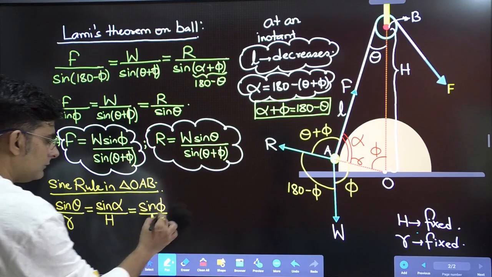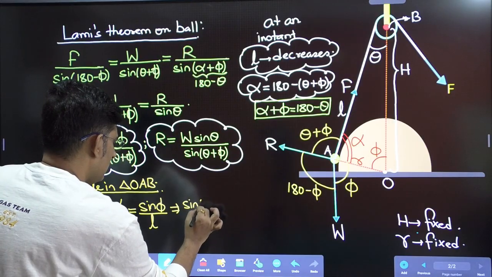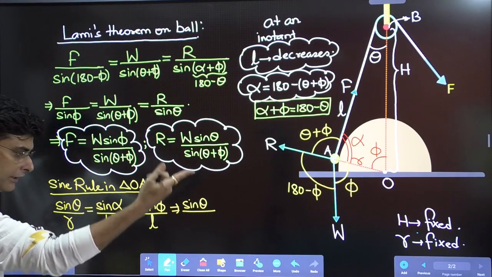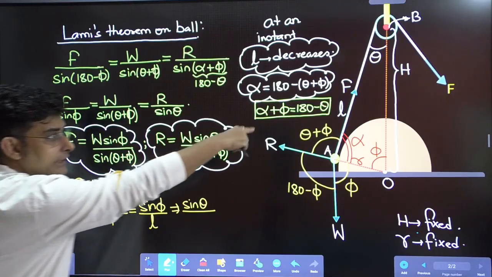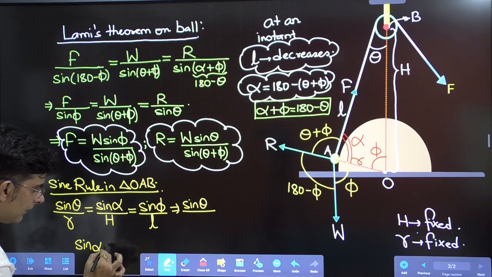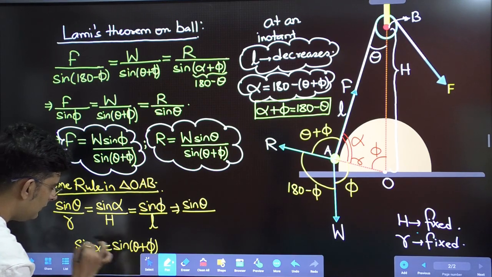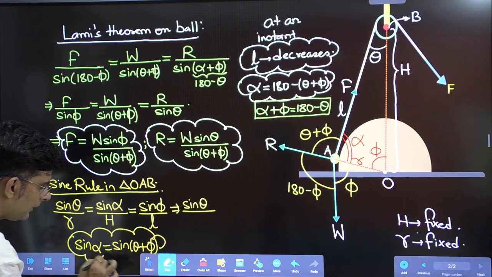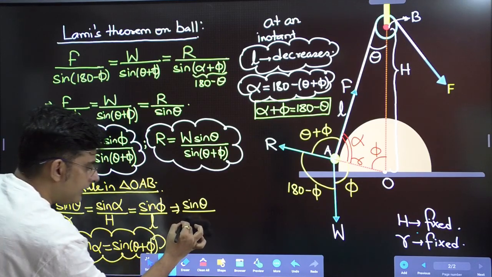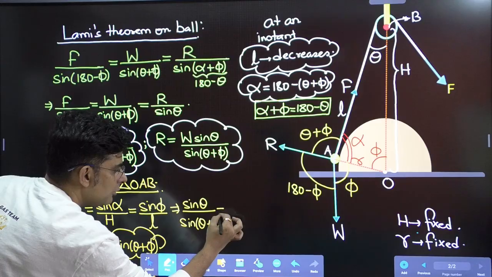So from here we can write sine theta. What I said, sine alpha will become sine theta plus phi, because alpha is 180 minus theta plus phi. So sine alpha will become how much? Sine of theta plus phi. This I hope is clear. So sine theta by sine alpha, or sine theta by sine theta plus phi, what value are you getting?